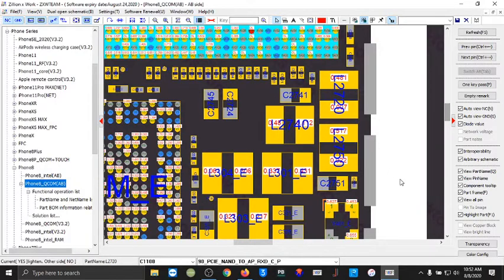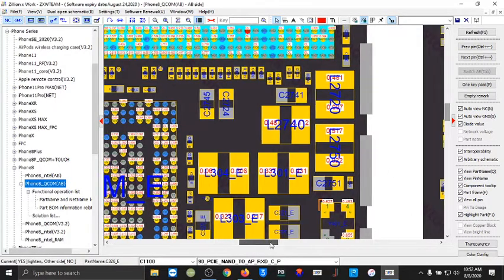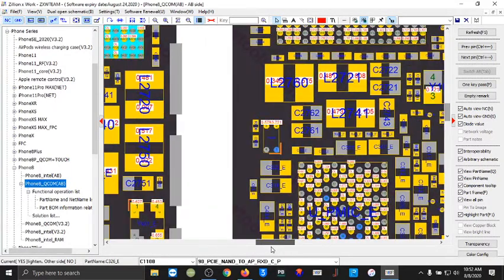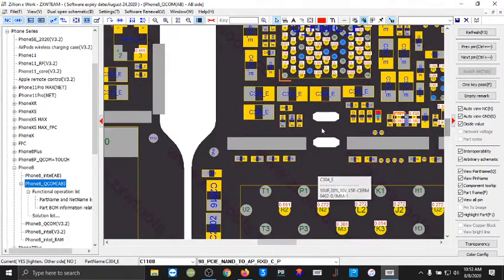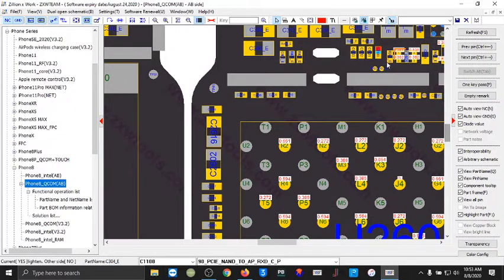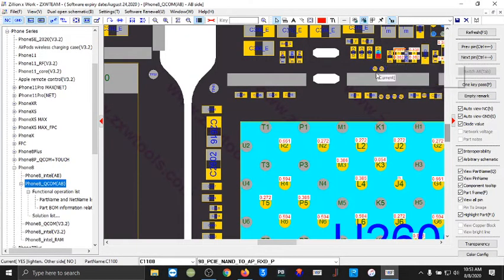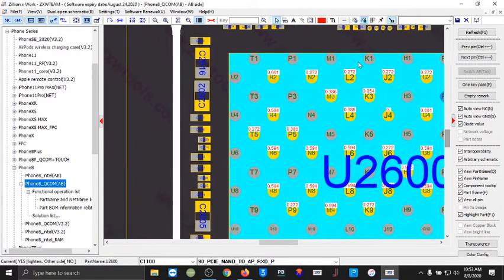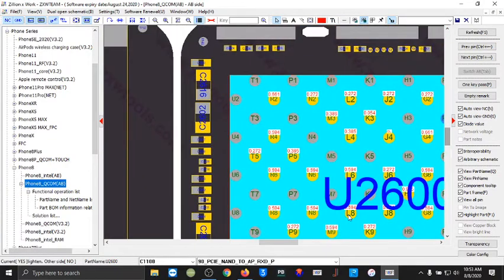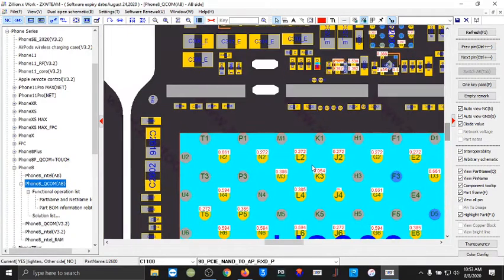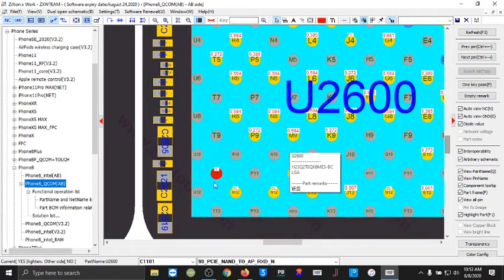So with the NAND removed, I run my jumpers, one here that goes there, one here that goes there.